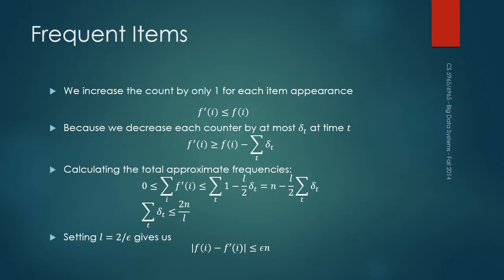Does everybody get this? Last statement, that the summation of delta T is less than 2n by L. Yes. So can I translate it as the total error? Yes. Let's say you're talking about one particular item, say red. I kept adding it, but this is the maximum amount that I might have underestimated, because that's the maximum amount I could have subtracted from my counter.